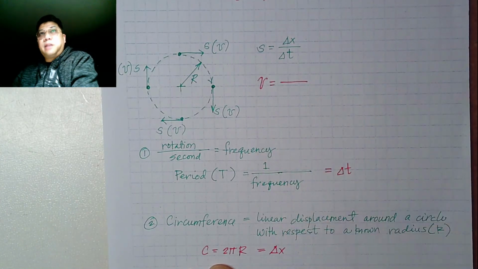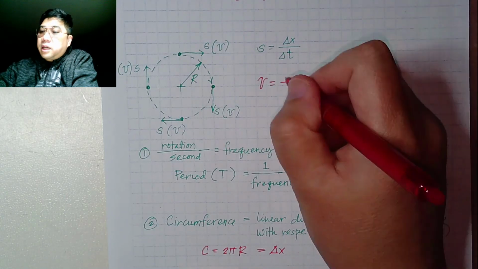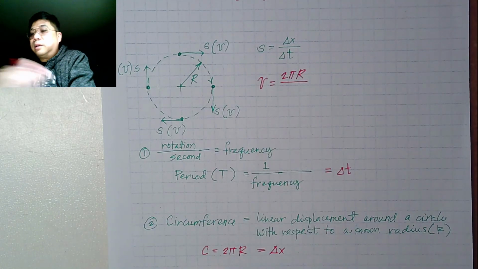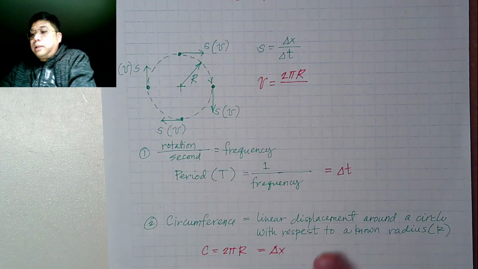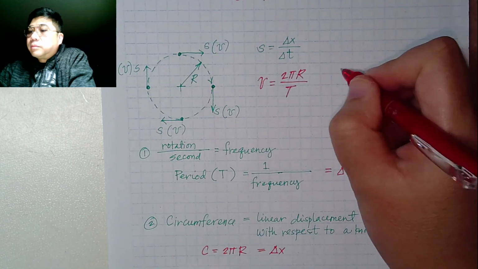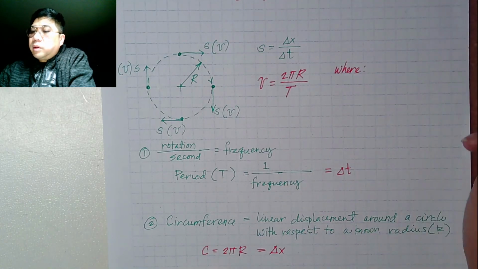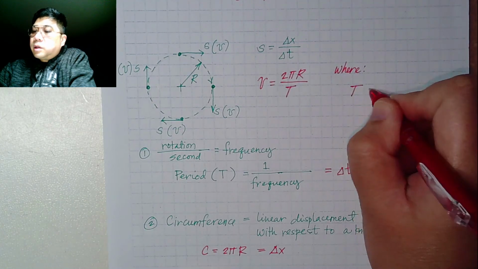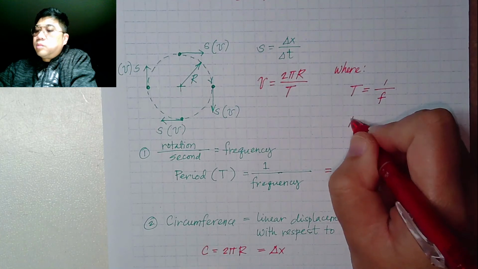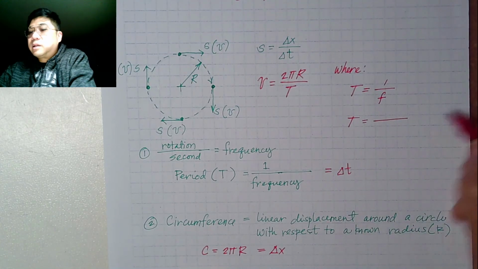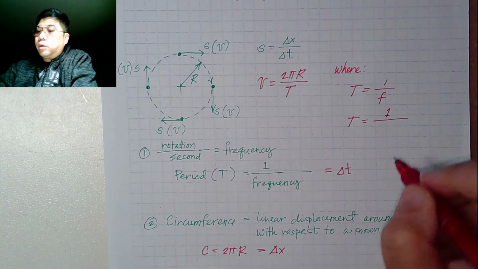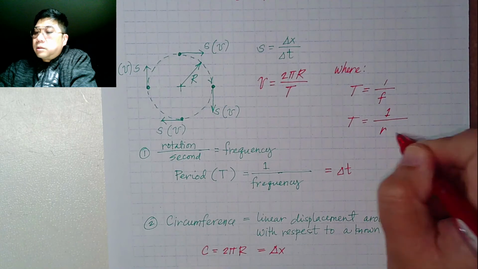The displacement is not a straight line, so now we're going to call this 2 pi multiplied by the radius, which is equivalent to your linear speed: the linear distance around the circle divided by period, which is time T. Where T is 1 over frequency, or we can just say the time can also be, as a shortcut, 1 divided by the revolutions per second, or rotations per second, RPS.